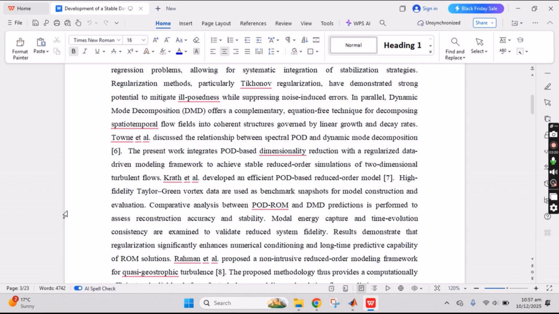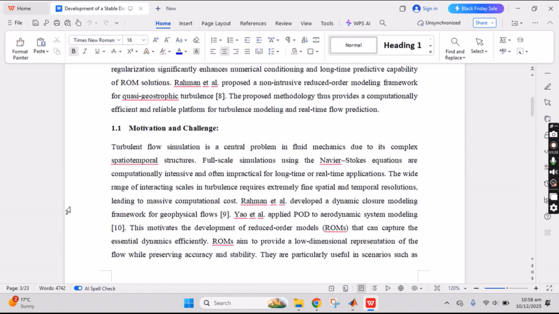Let me explain how the high fidelity Taylor-Green vortex data are used as a benchmark snapshot for the model construction and evaluation. And the comparative analysis in our case is between POD ROM and DMD. Prediction is performed to assess the reconstruction accuracy and stability.